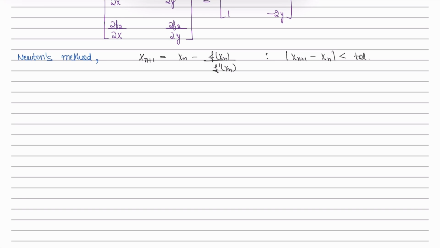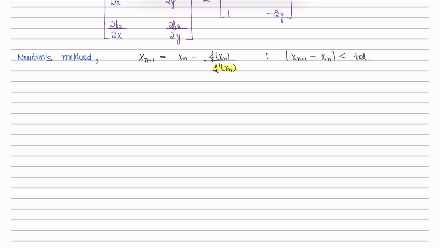Now we will use this same Newton's method and apply this on the system of equation. But the difference between simple Newton's method and Newton's method for system of equation here is that in the left hand side we have xn plus 1, which is one value only, but in system of equations we will have this as a vector, and in Newton's method f of xn is my function directly, but in system of equation it will be a matrix. When it will be a matrix, then this term will be a problematic term.